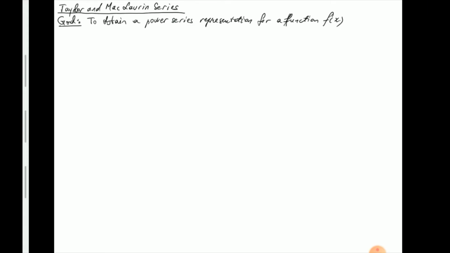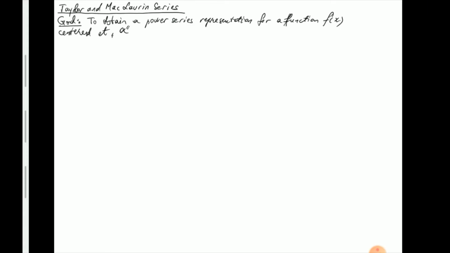And to be more precise, the goal is to obtain a power series representation for a function f of x centered at a real number a. Because remember, a power series, when you write it in the standard form, it's centered at a real number a.